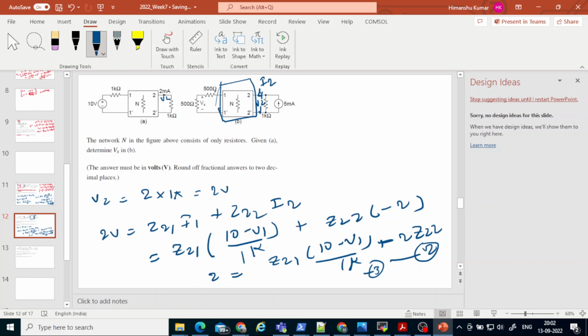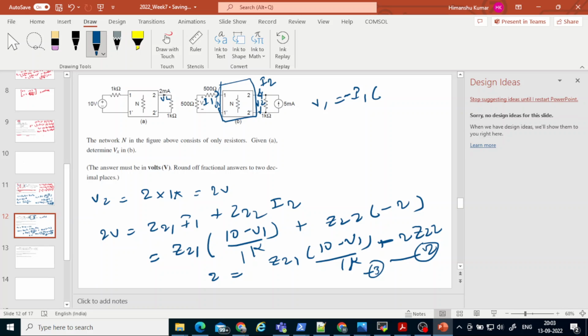So now let's say this is I1. The terminal characteristics in this case: the voltage V1 will be equal to minus I1, because I1 is flowing in this direction, times the voltage across these two resistors.